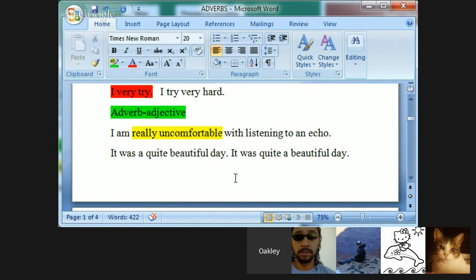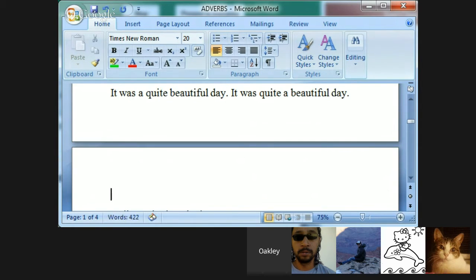Obviously, if you're using much more descriptive adjectives like disgustingly, okay, let me just demonstrate. It was, I know this doesn't make sense, but stick with me here. It was a disgustingly beautiful day.